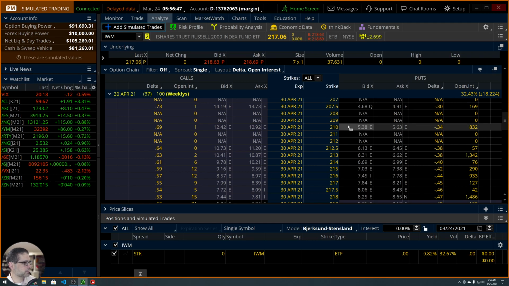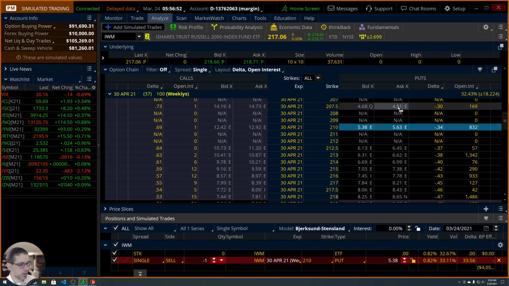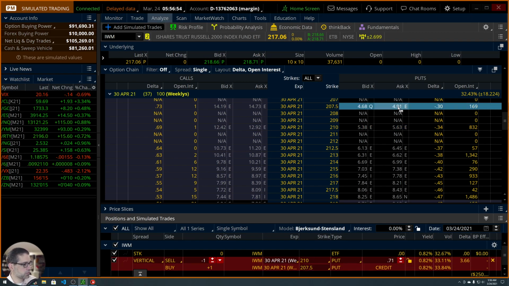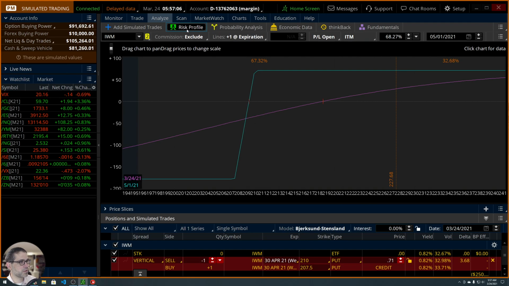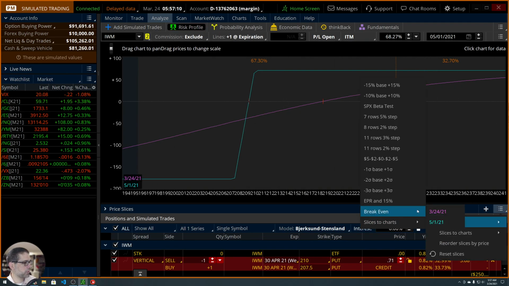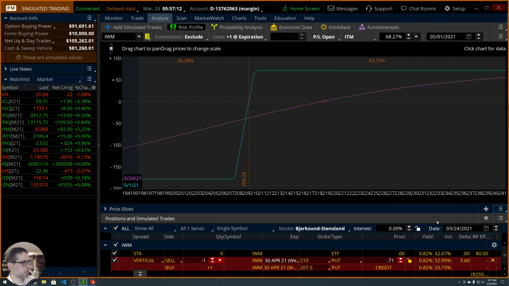Okay. So what if we did this one? What if we sold the 210 and then bought 207.50? Okay. It's a little bit more risk on this one, but you're getting a little more profit. Let's take a look at this one and go with setting our price slices to break even at expiration.